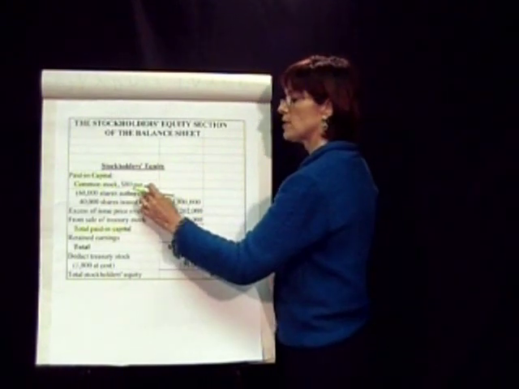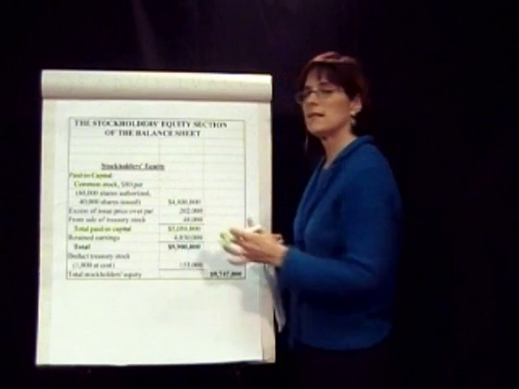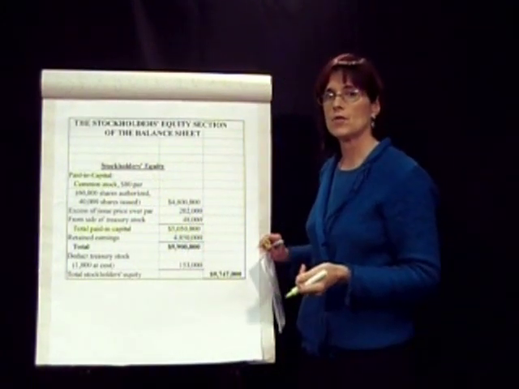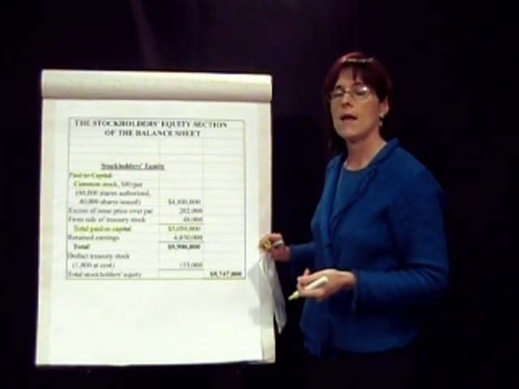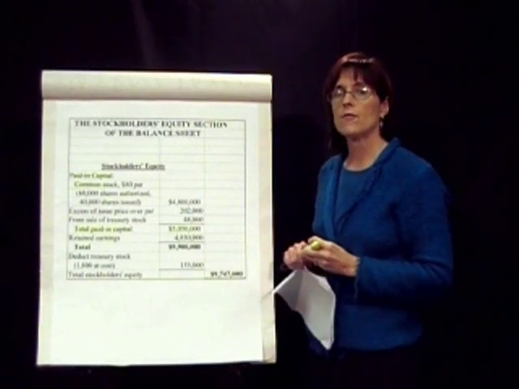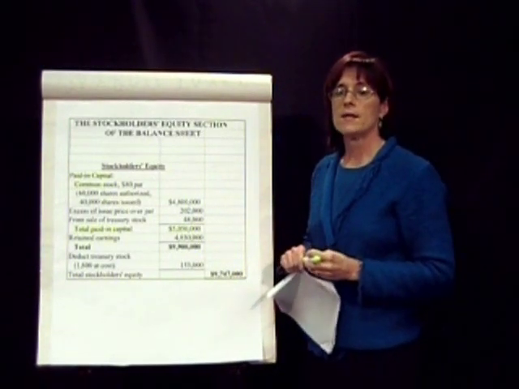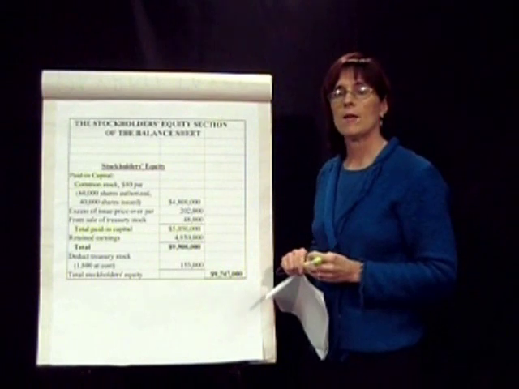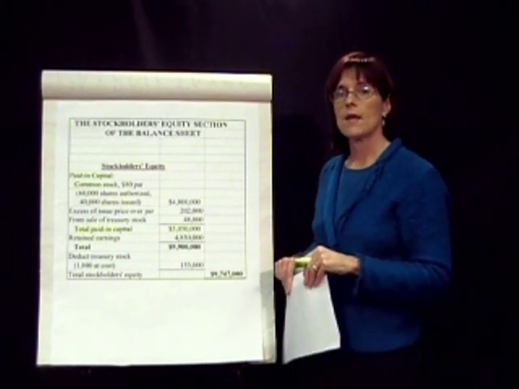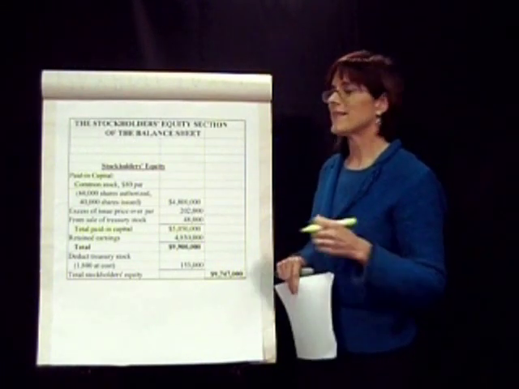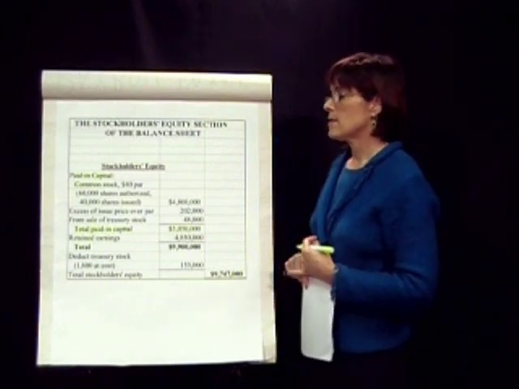After you see the words common stock, you see this $80 par. So the par value will be stated. What is the par value of the stock? A par value is actually set for stock when the corporation initially applies for its charter with the state that it's incorporated in.